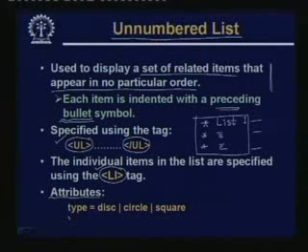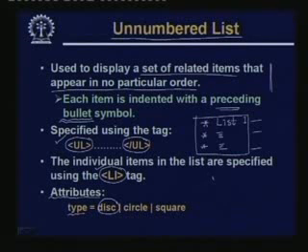The name of this attribute is type, and in case of unnumbered lists, this type can be disk, circle or square. Disk is the default. If you do not specify anything, disk will be the default style. This actually tells you what kind of bullet symbol will be appearing before the list items.